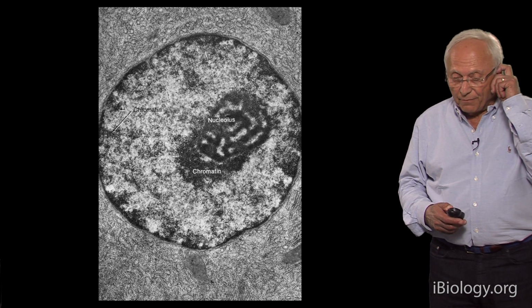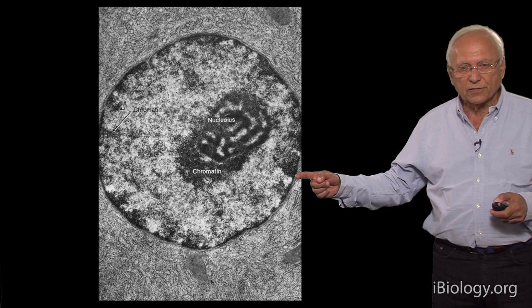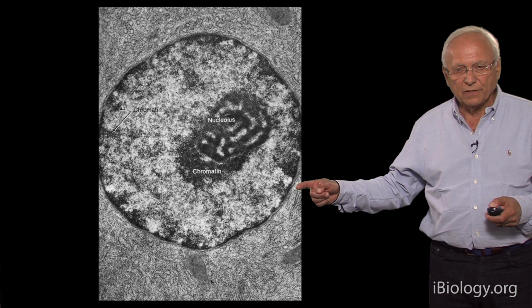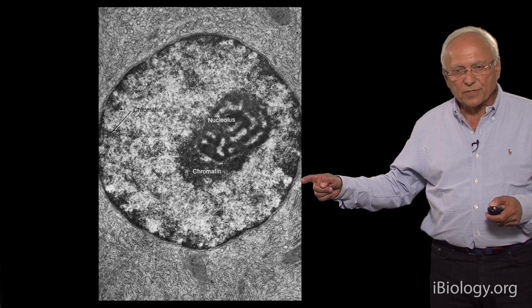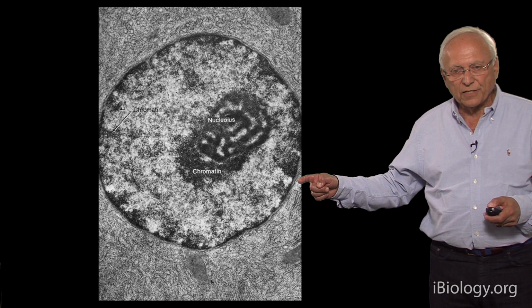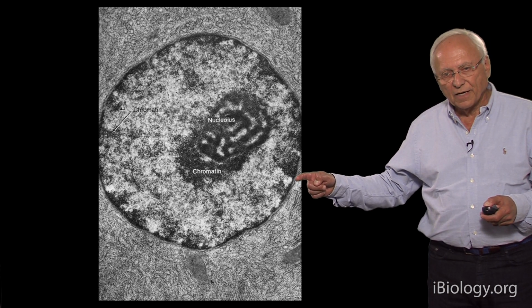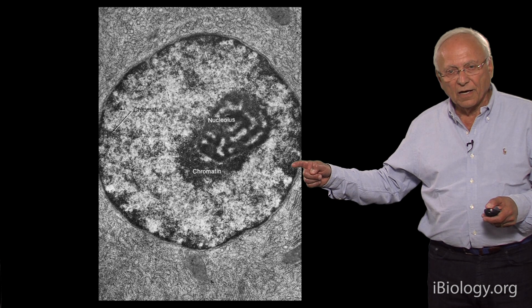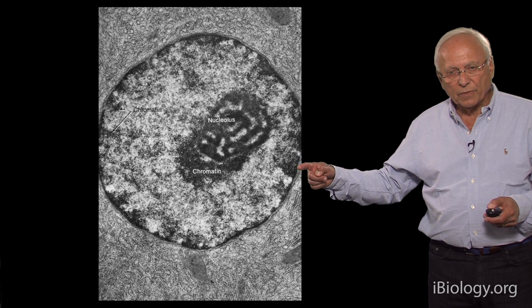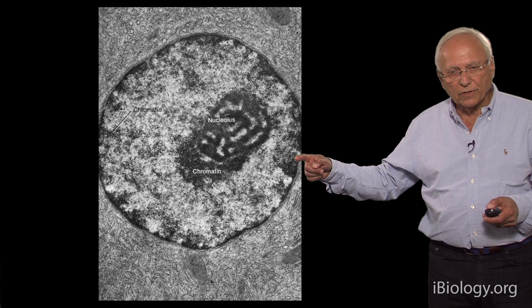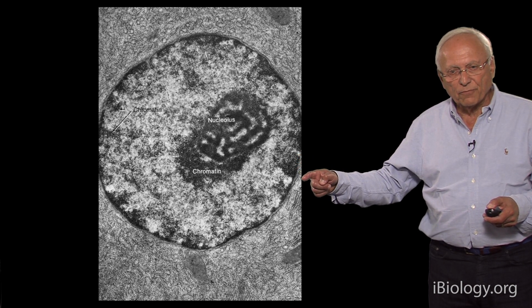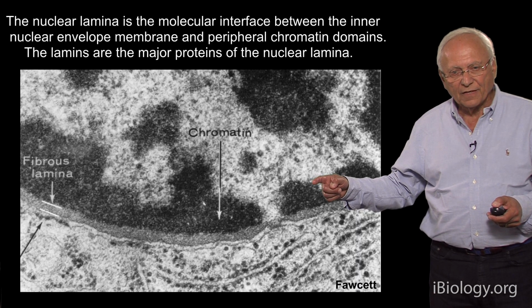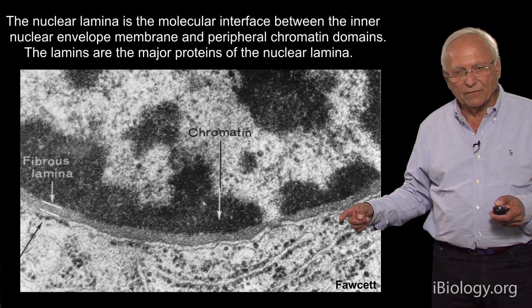Now the lamins assemble in the nucleus into a complex series of structures, but let me just tell you where it resides in the nucleus as seen here in the electron microscope. Just under the nuclear envelope, and if we look in the next image at high magnification, the lamins, you'll see, are forming an interface in a region called the lamina between peripheral heterochromatin and the inner membrane of the nuclear envelope. And here you can see it in this famous picture by Don Fawcett.